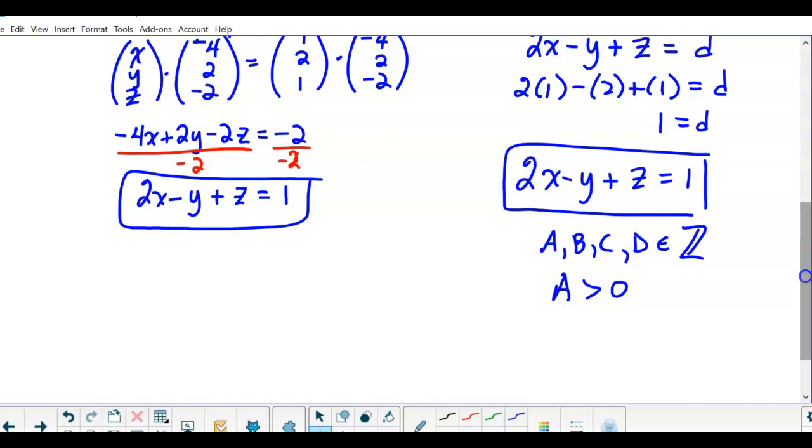So take a look at the next one. That's the form that you want.